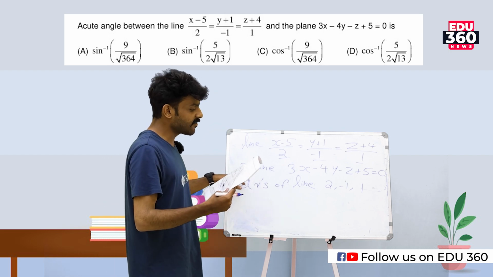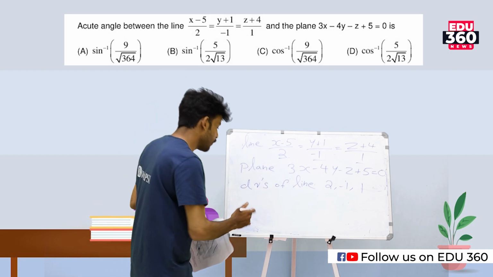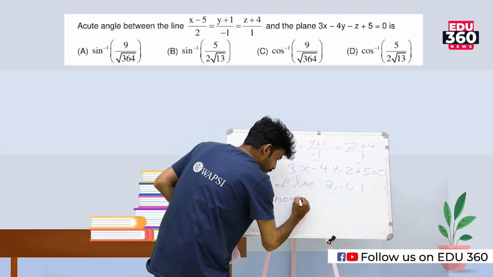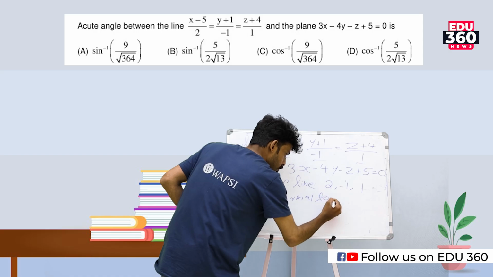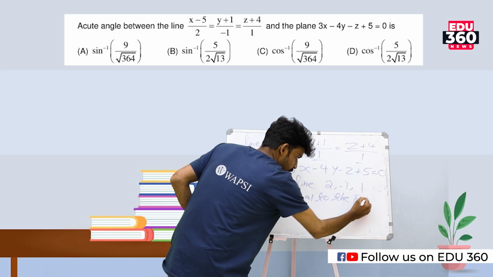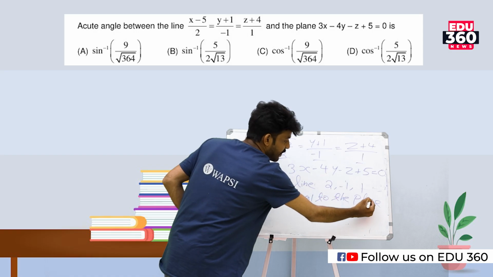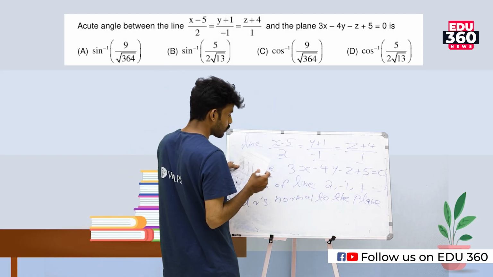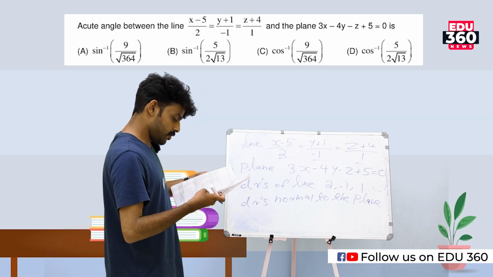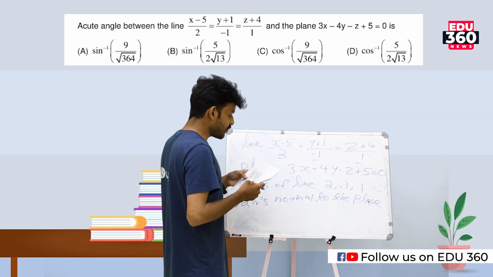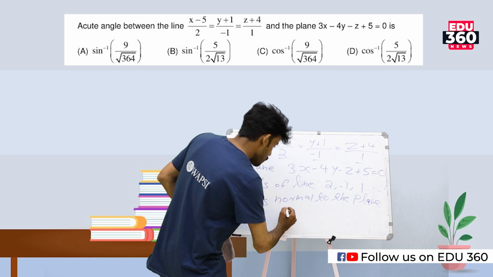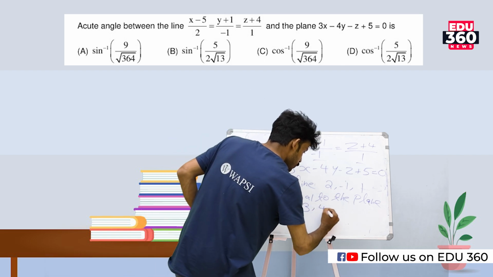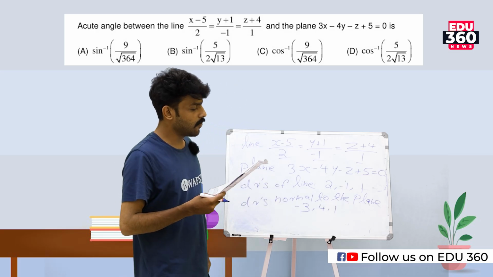And the direction ratios normal to the plane are minus 3, 4, 1.